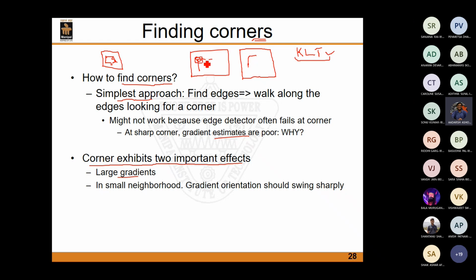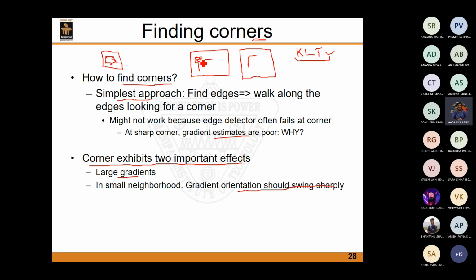And if you look at the direction, which is the second one, the orientation should swing sharply. In the sense, there would be a large difference in the orientation. So the two properties of corners are: one, if you consider a small neighborhood region having a corner and calculate the gradient, the gradient values will have large non-zero values.